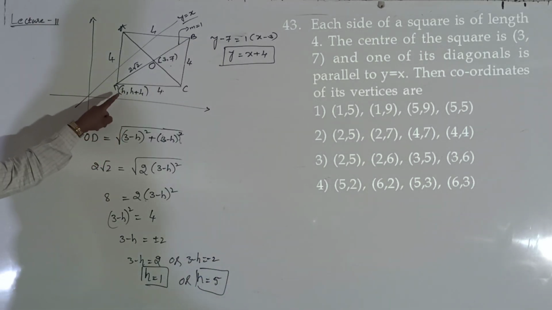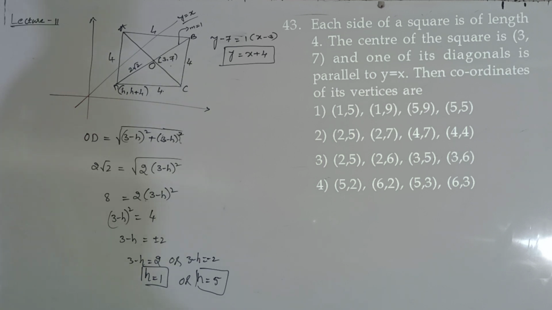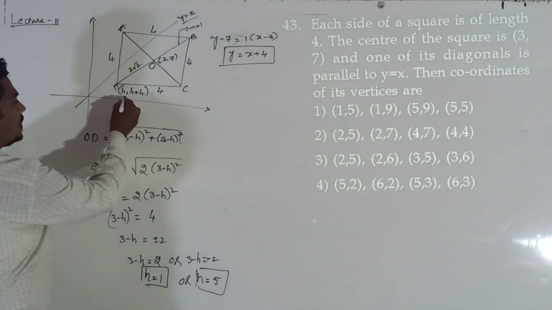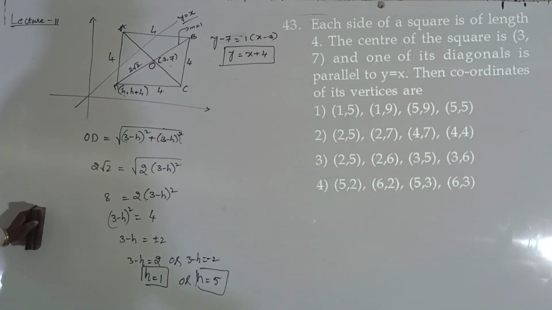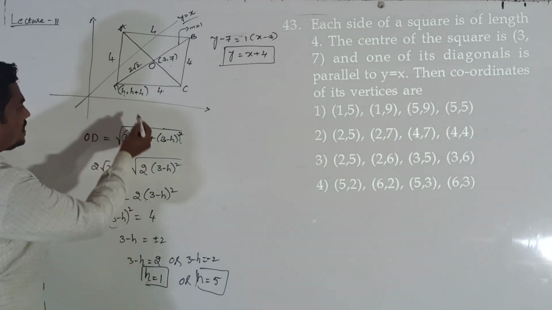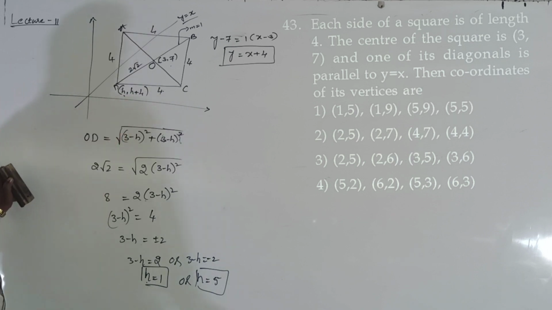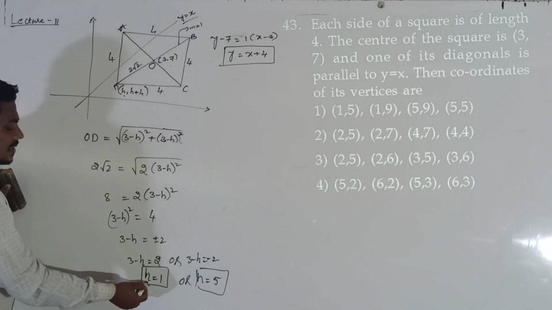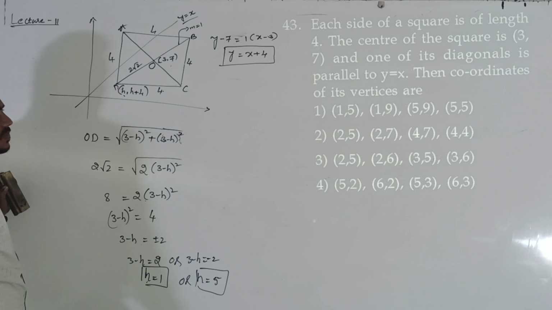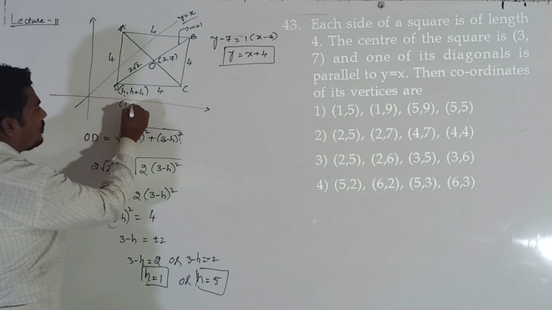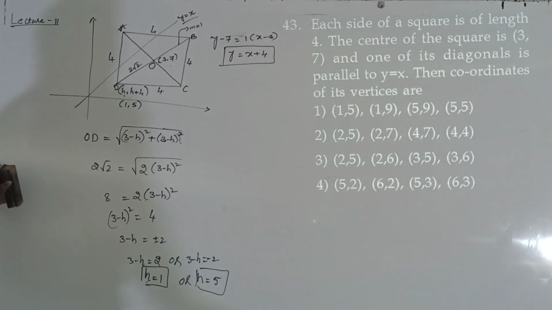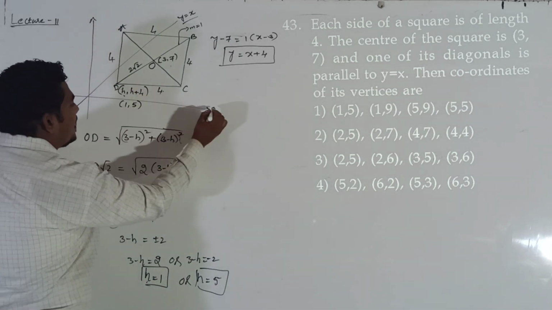If h value is 1, then one of the vertices becomes 1 comma 5 only, right? If h value is 1, h comma h plus 4 means 1 comma 5 is one of the vertices. Then clearly this line is parallel to the x-axis.